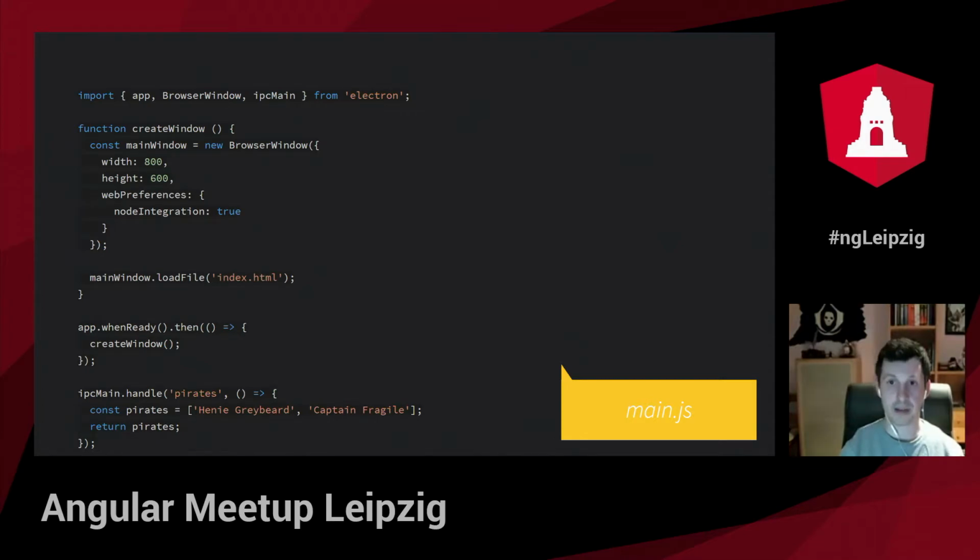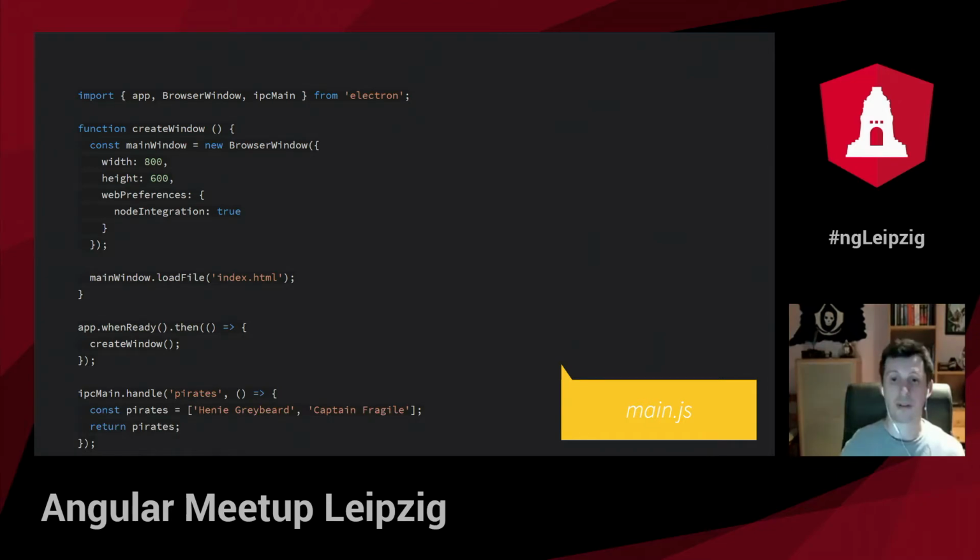Here, the only difference is that we import the ipcMain object from the Electron npm package, and we use it later on to attach a handle method here. Calling the handle method is like adding an event listener.